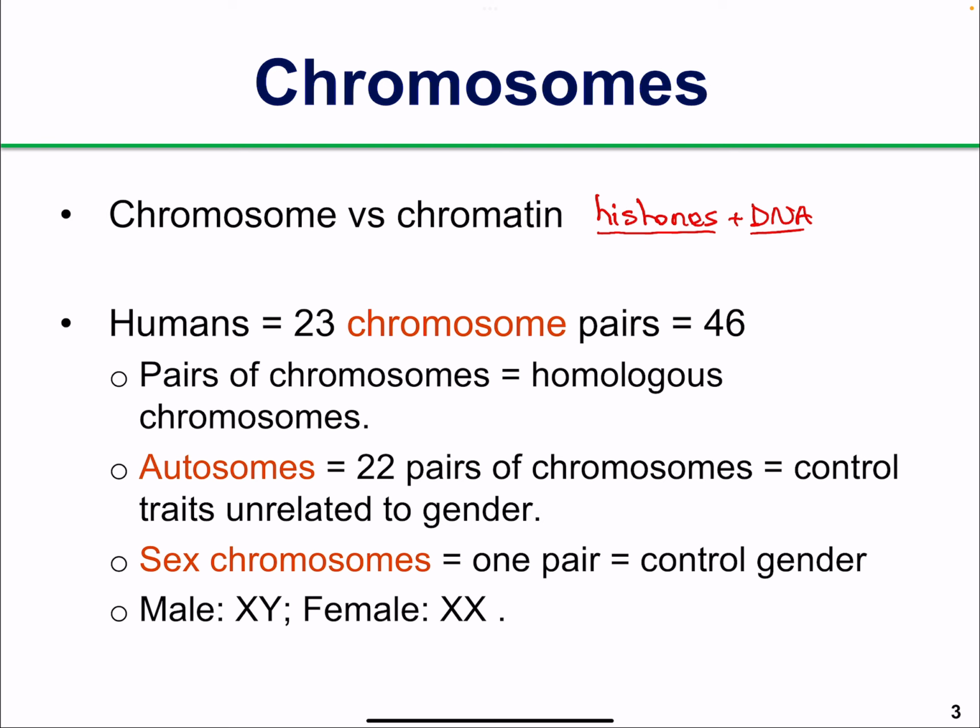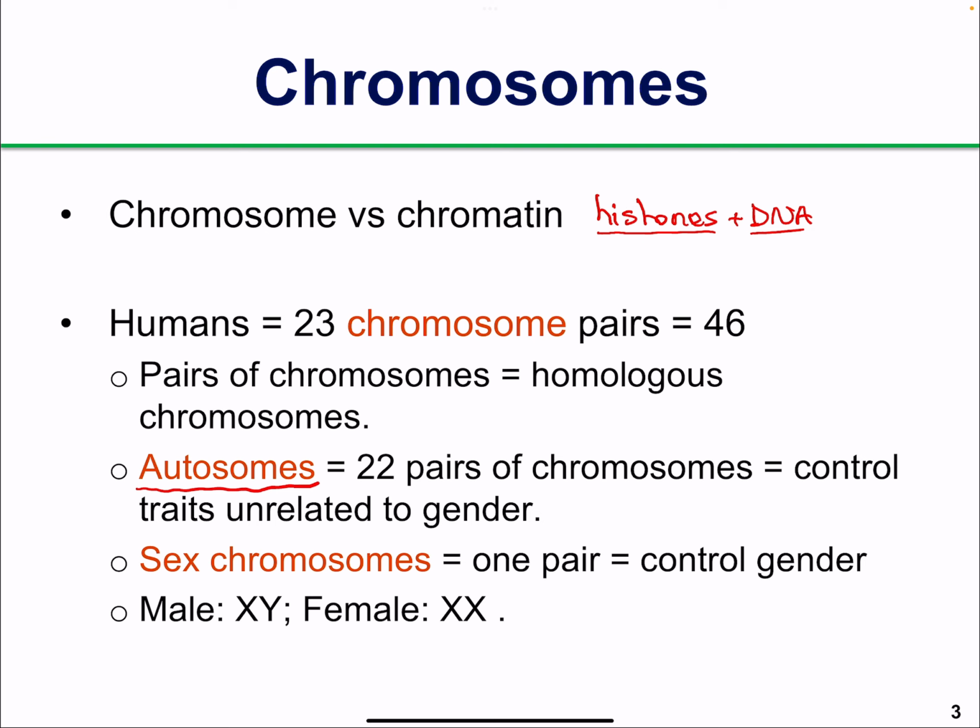Let me address that a little bit here. Now, the first 22 pairs of chromosomes have nothing to do with your sex attribute. These 22 pairs of chromosomes are called autosomes. The autosomes are not involved in determining if you are a male or a female.